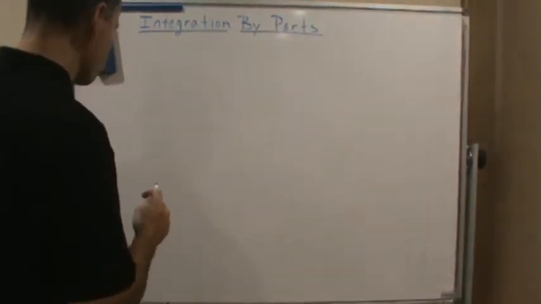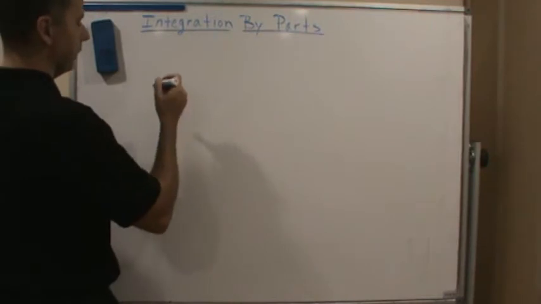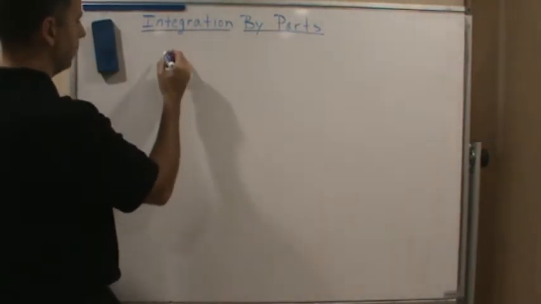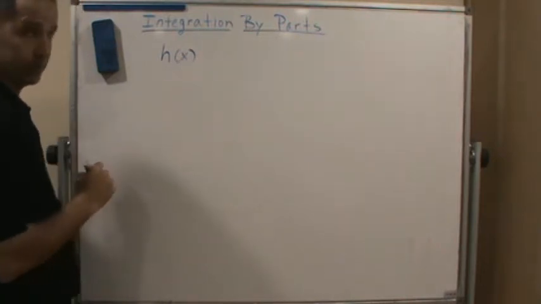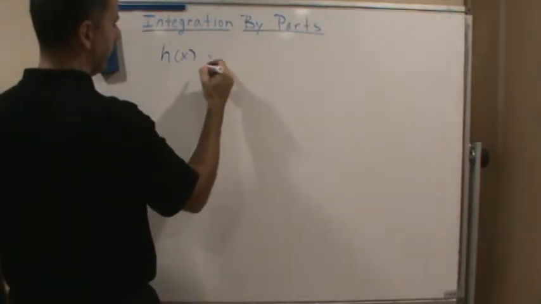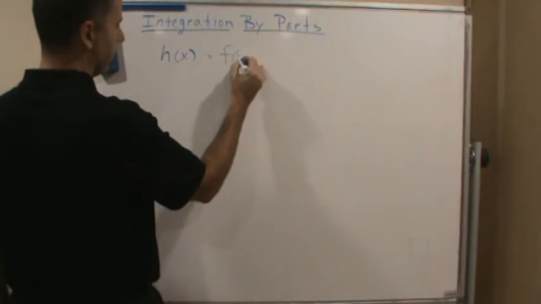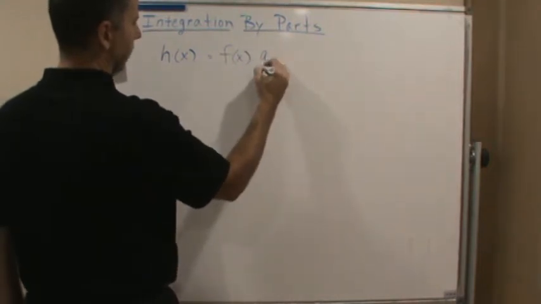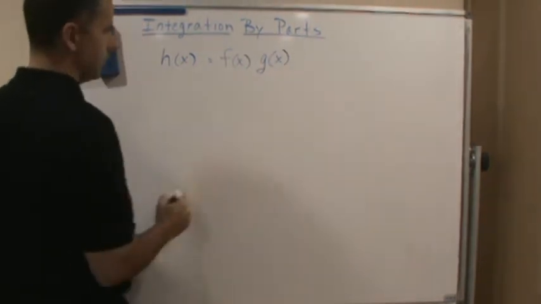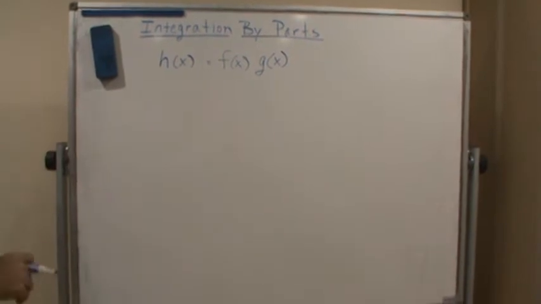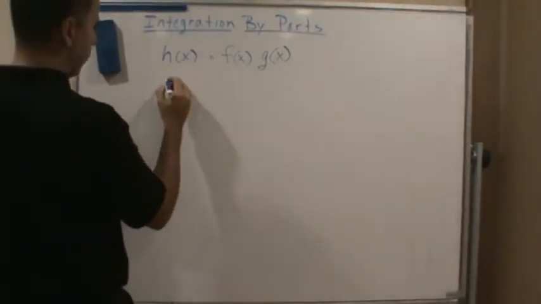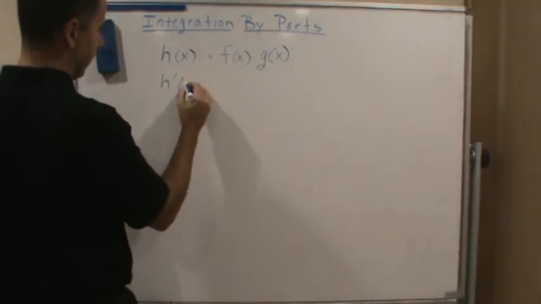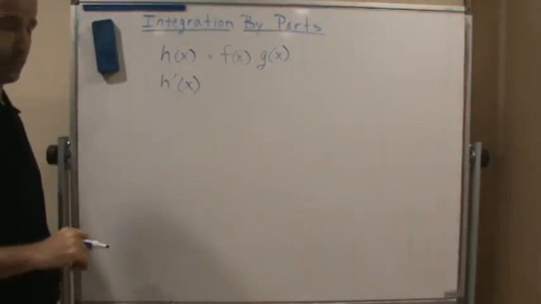Let's say we have a function h of x, and we're going to say that h of x is equal to the product of f of x and g of x. So let's take the derivative of both sides. So that would mean that h of x becomes h prime of x. And what happens here?